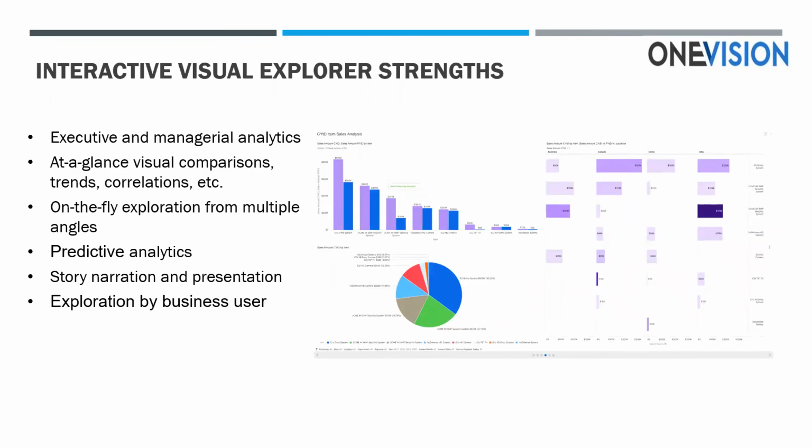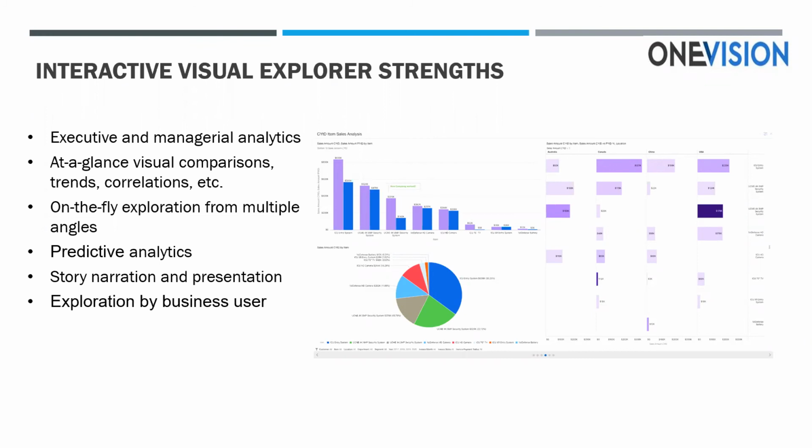Really where we would want to use these is kind of like I was saying before, like board reports. We have a lot of executive and managerial analytics. These are for people who maybe don't need to look into detailed information or drill down into invoices or individual transactions. But this gives us a really good overview of all your different comparisons, your trends, things that are going on in the company as a whole.